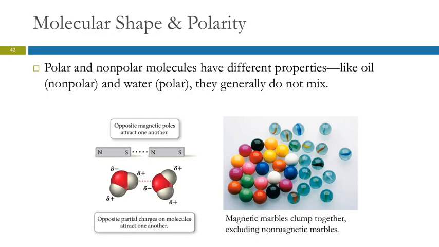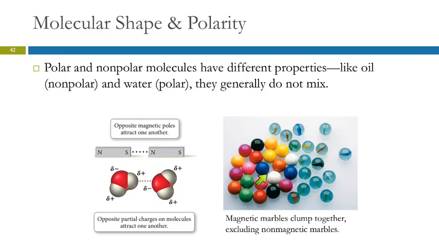Oil, being nonpolar, does not have the same sort of attraction. So that would be like non-magnetic things. So here we have the solid marbles are magnetic marbles, and the glass marbles here are not magnetic. And so you can imagine what would happen if you dump a bunch of these marbles together.